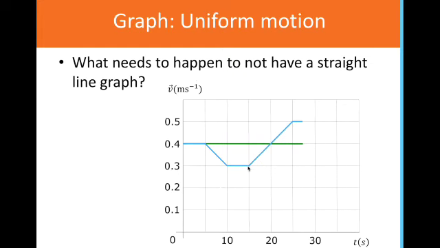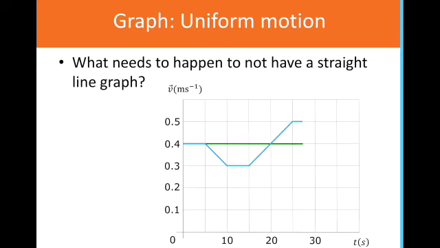Then we have uniform motion again. Why? Because the velocity doesn't change for this interval. So the average velocity over this interval is equal to the instantaneous velocity on the interval. Then something else happens and the velocity increases, and there we have uniform motion again, but at a different velocity, obviously.